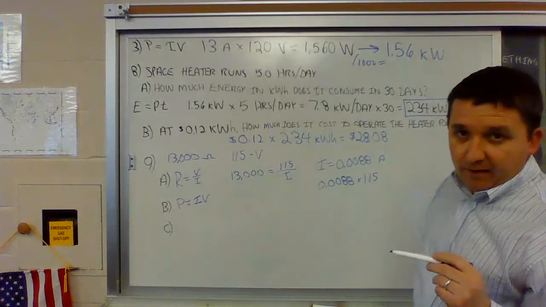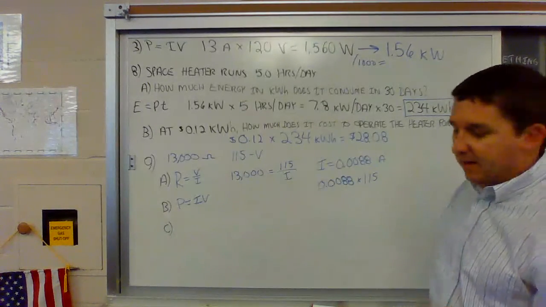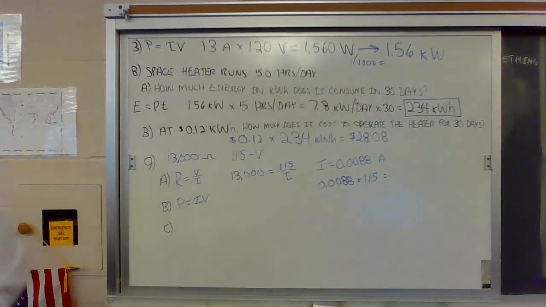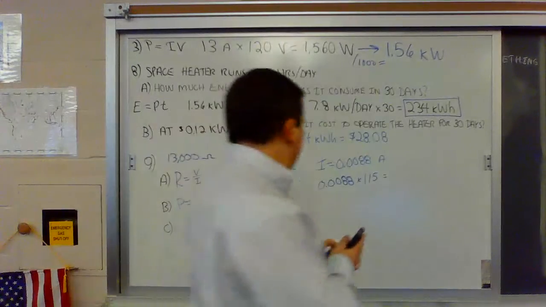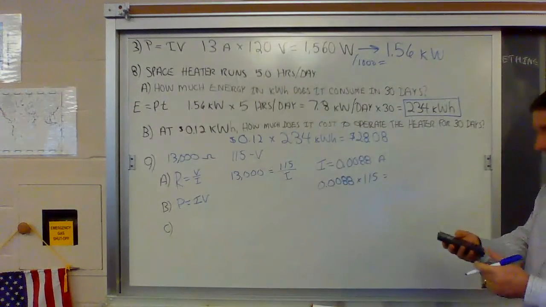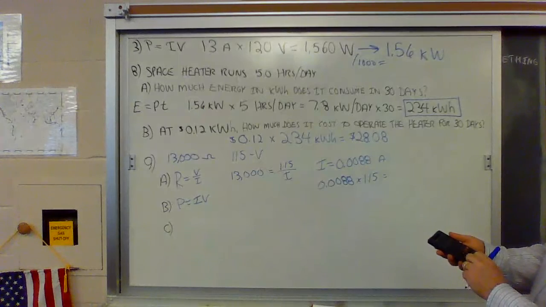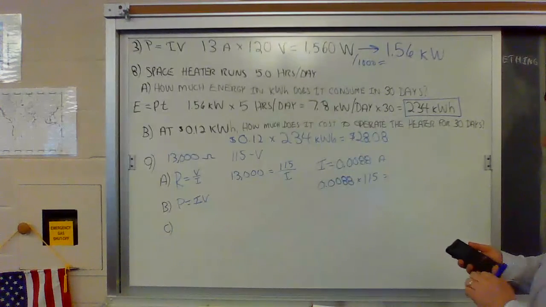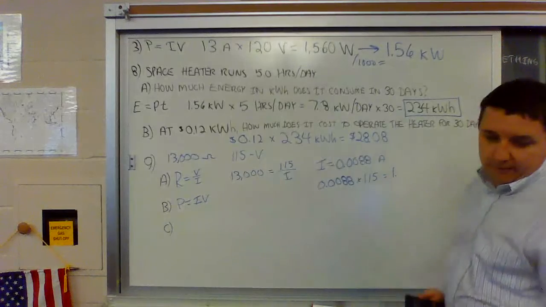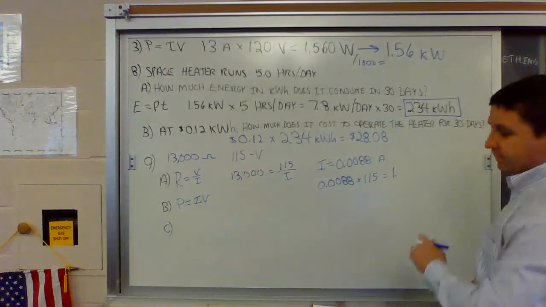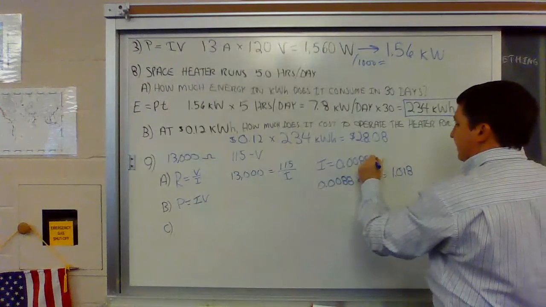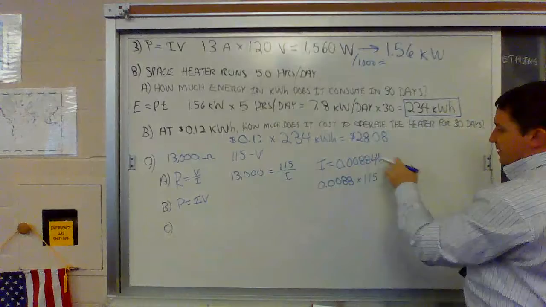Now, on the document, it says express your answer in kilowatts. So once we multiply this, let me grab the calculator because I'm sorry, I don't know this off the top of my head. All right, so we're going to say 0.0088 times 115, and we get this, 1.018. Actually, I think that comes out to 2 because I took it out to 4.6, but it's fine.